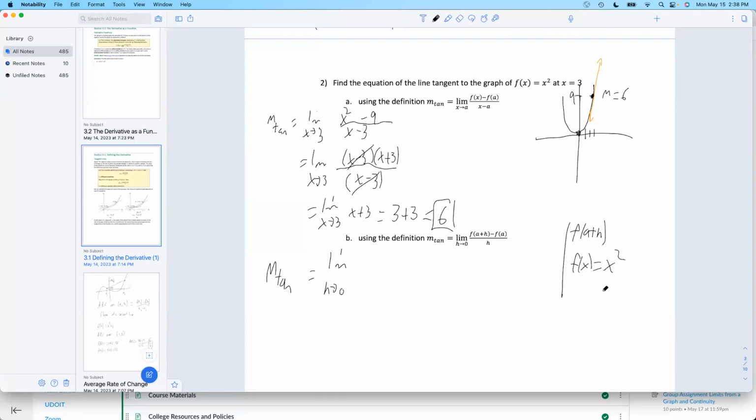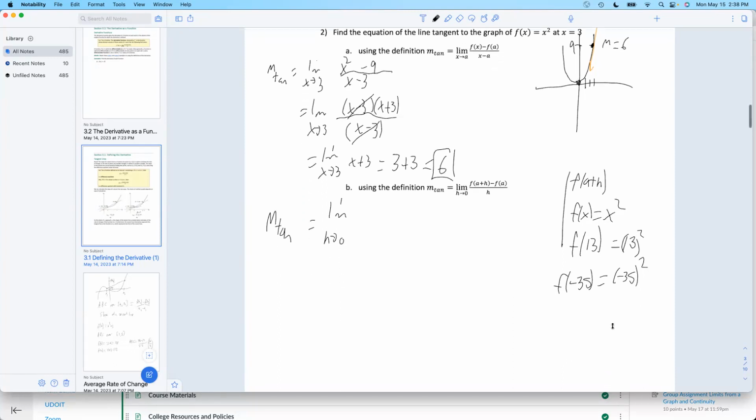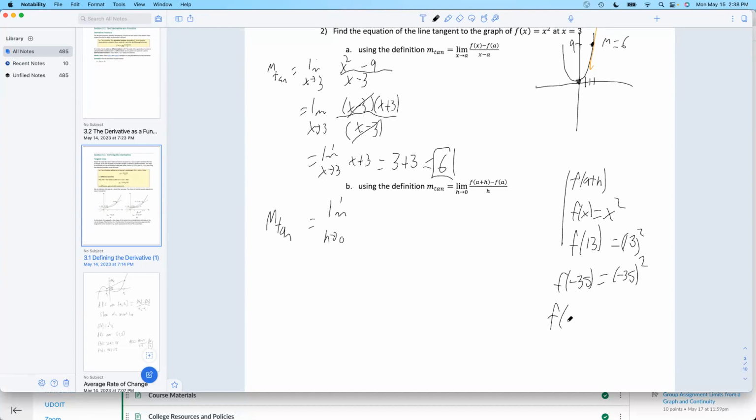A lot of mistakes happen with function notation. If I wanted f of 13, what would that be? That would be 13 squared. If I wanted f of negative 35, that would be, in parentheses, negative 35 squared. If I wanted f of triangle, that would be, in parentheses, triangle squared.